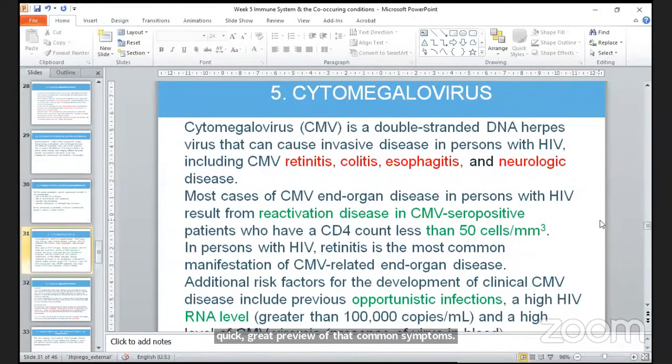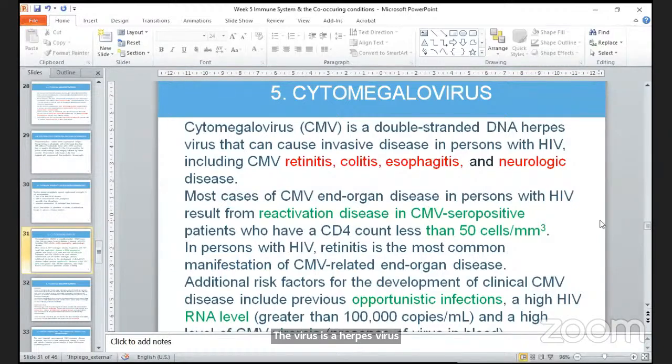Then we have cytomegalovirus. Now, cytomegalovirus is another very, very important virus that normally accompanies HIV. This disease is caused by a virus, a herpes virus.